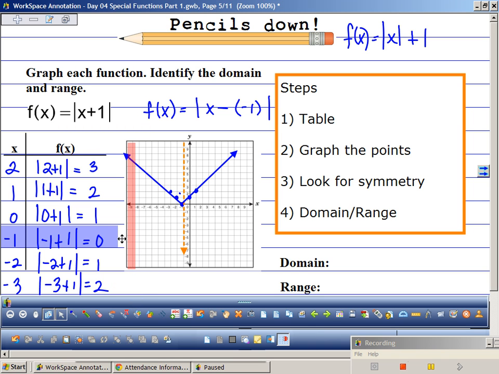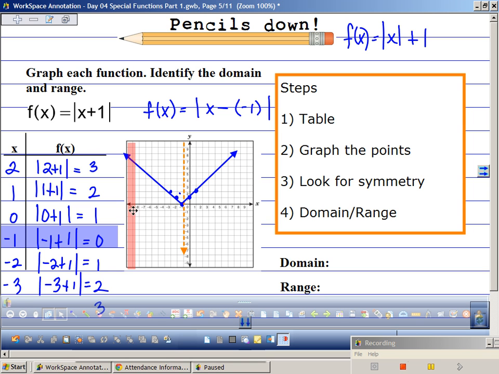Okay, so I'm going to go along the x-axis. We're going to jog along the x-axis, and you're going to tell me when the graph is intercepting my, for lack of a better word, my domain shade.